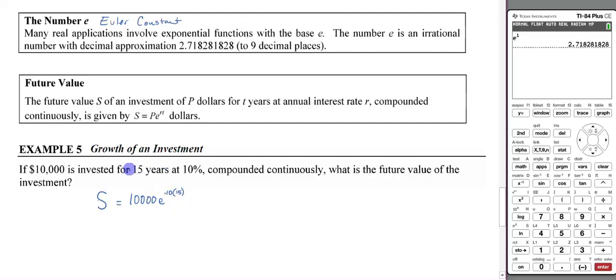And if they had said something like 6 months, then you would put in a 0.5 or a 1/2 because it's always in years as your unit there.